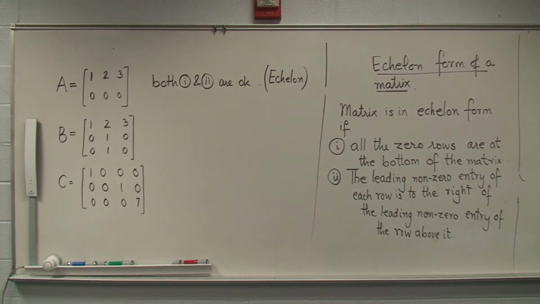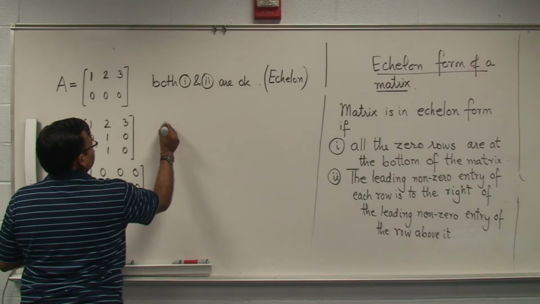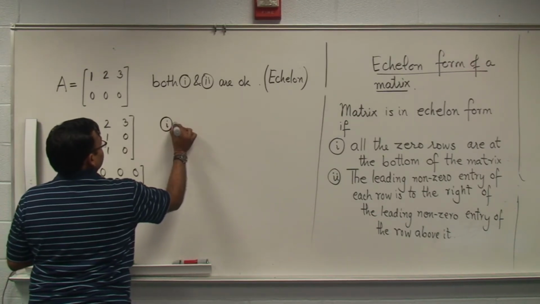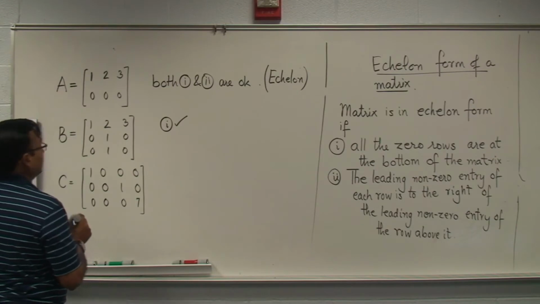Now let's look at matrix B. All the 0 rows are at the bottom of the matrix. Since it does not have a 0 row, we don't have to worry about satisfying the first. It is satisfied by default. Now look at the second condition. The leading non-zero entry of each row is to the right of the leading non-zero entry of the row above it.